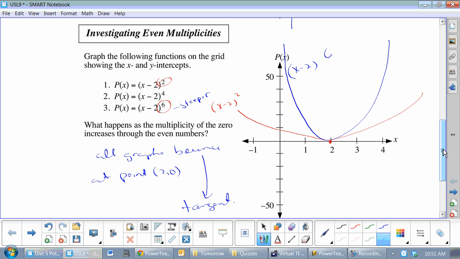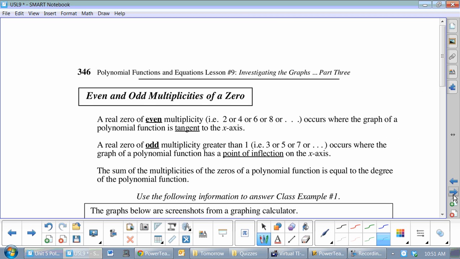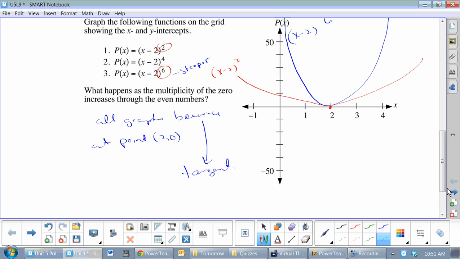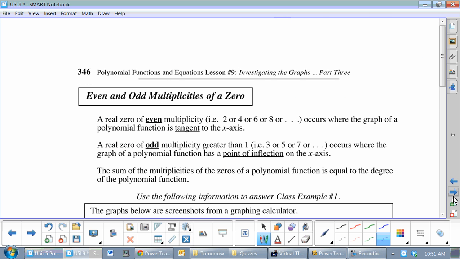Okay, so here's kind of the rules. Everybody get all that? So here's all the rules, okay? If you have a real zero with even multiplicity, so that's 2, 4, 6, or 8. So x minus 2 to the 2, 4, 6, or 8. It will always be tangent to the x-axis.